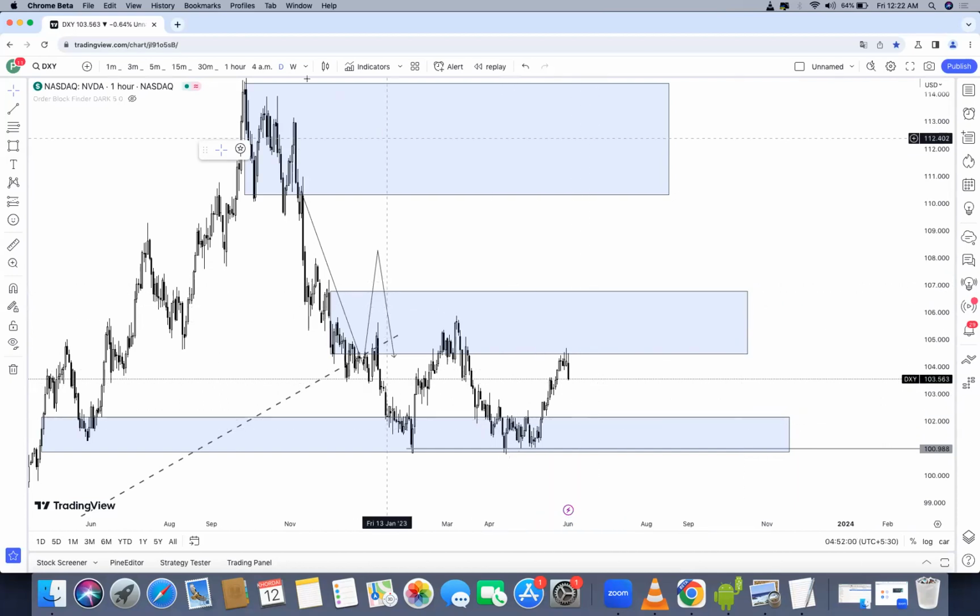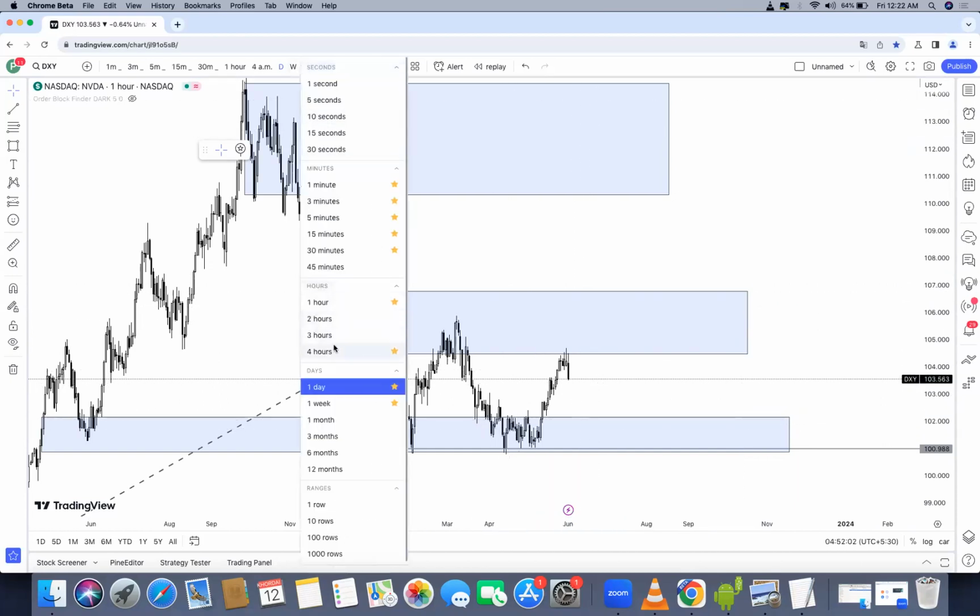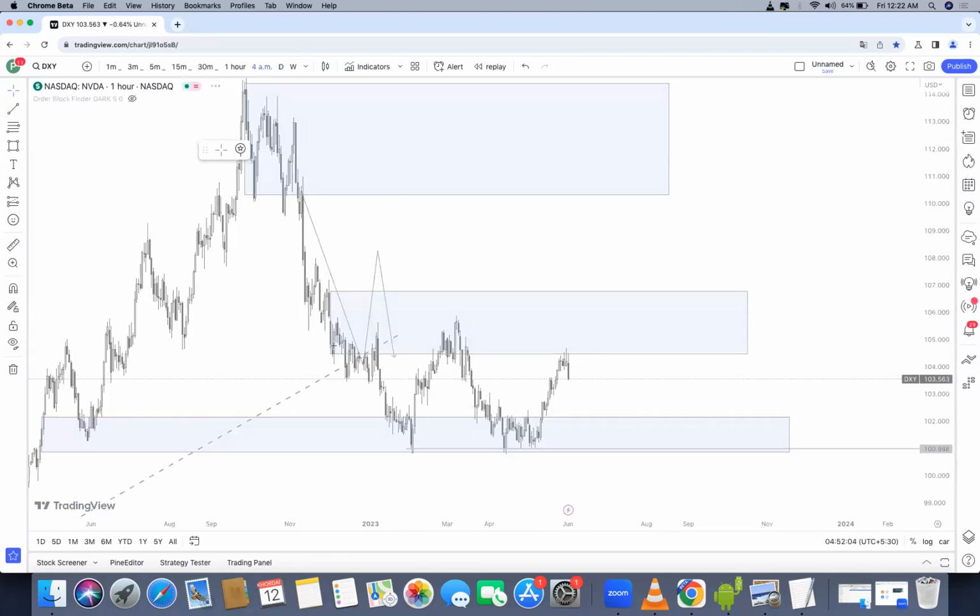Let's go a little bit into a lower time frame. So let's go into the 4 hour time frame.